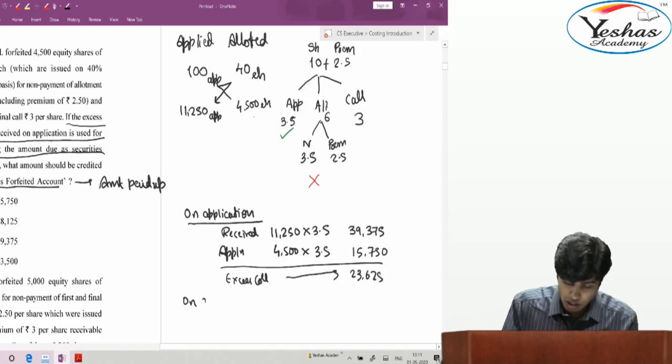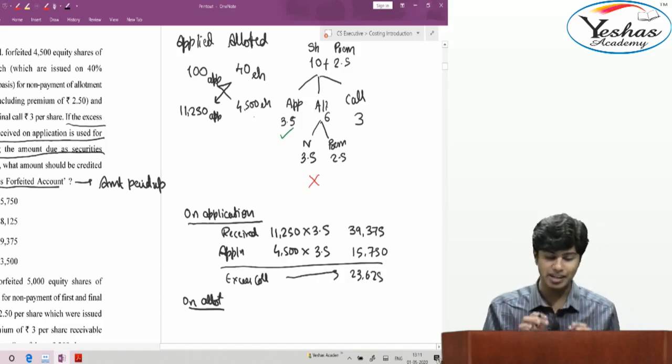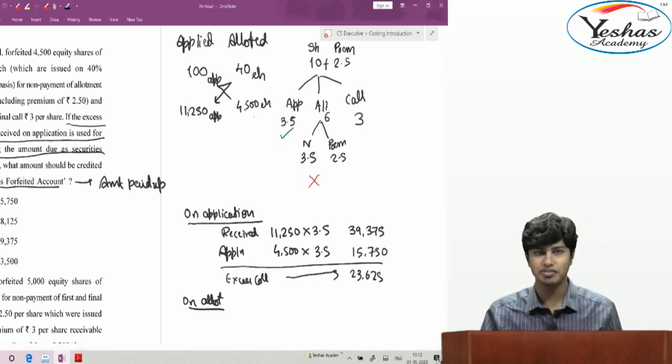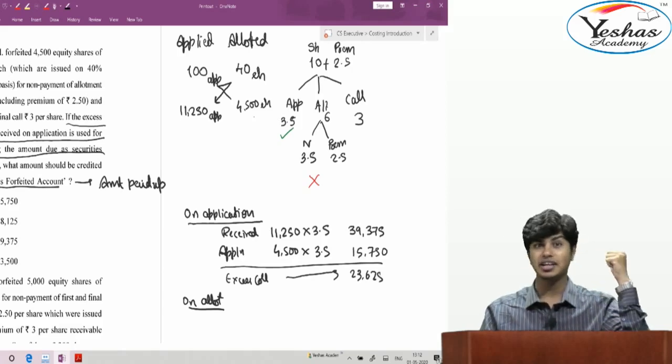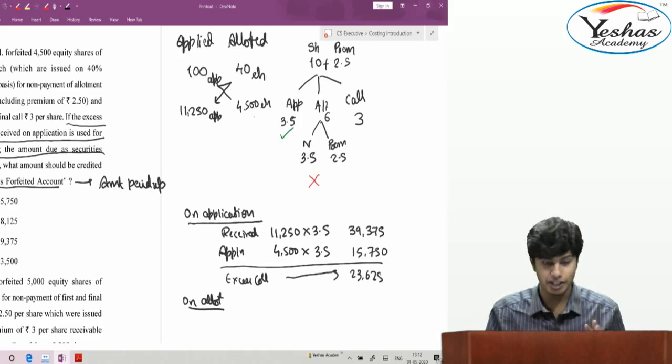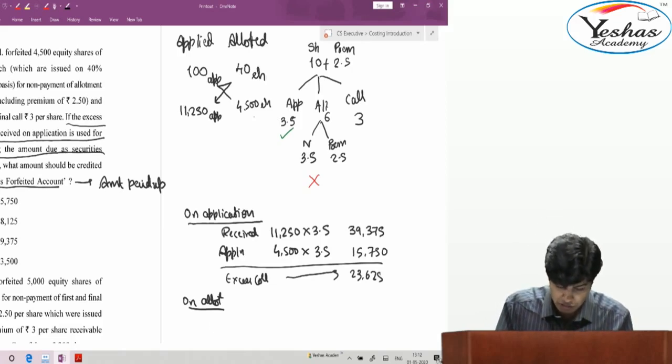Now on allotment, what they're telling is this money will be used against my premium. Let us first calculate how much is the premium. If premium money is lesser than 23,625, the excess money received will be adjusted against share allotment. If premium money is greater than this, then no problem. You get that? So let's see. How much is the premium exclusively?